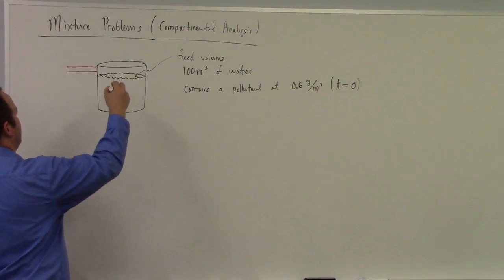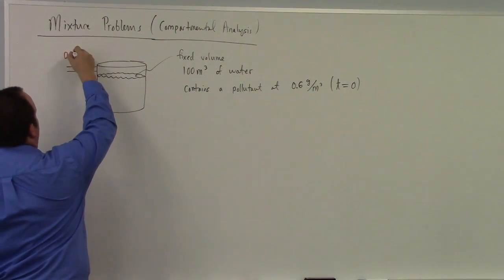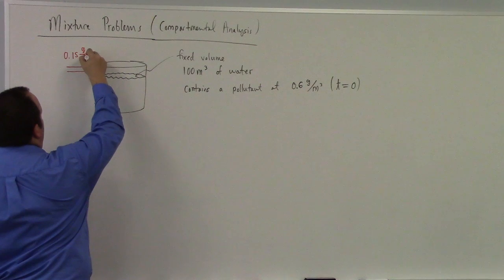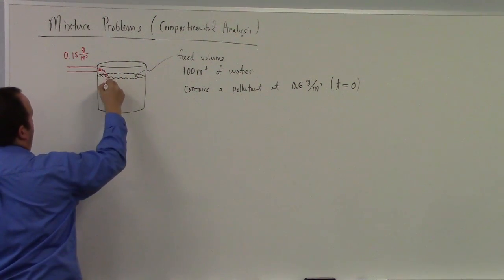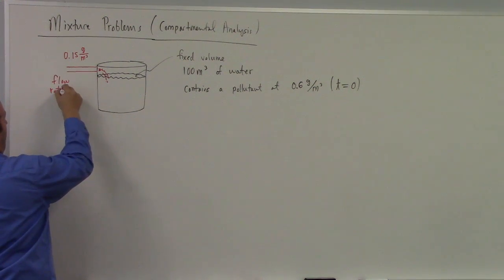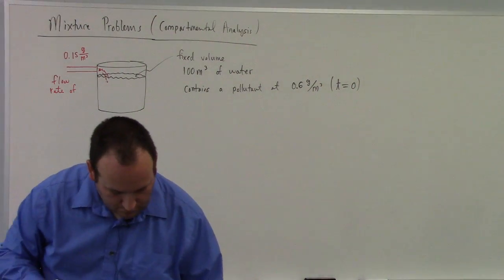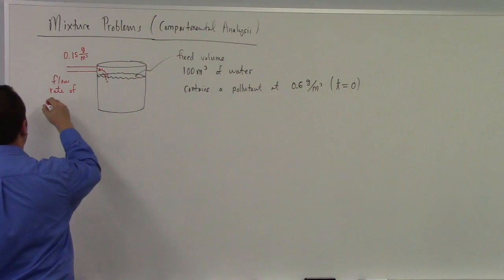Then you've got less dirty water that you're pumping in here. It's got 0.15 grams per meter cubed, and it's flowing in at a rate of 5 cubic meters per second.